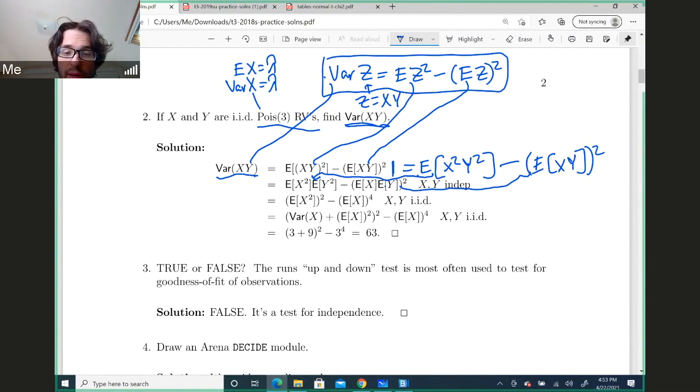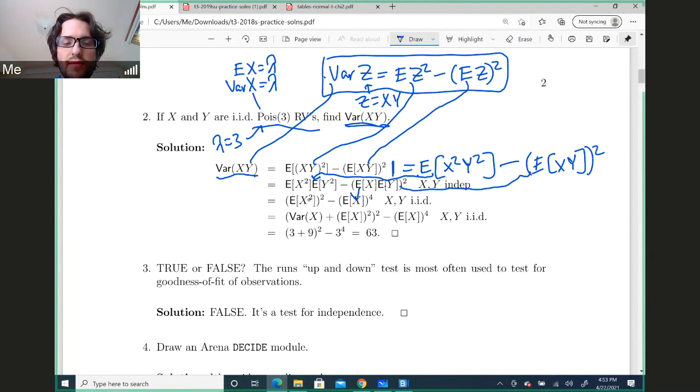At this point we're getting very close. We already know what E of X is, because E of X is just equal to lambda, and lambda is equal to 3 because they told us that. So all we need to do is find E of X squared. Unfortunately, maybe you have it written on your equation sheet, but more likely than not, you don't.